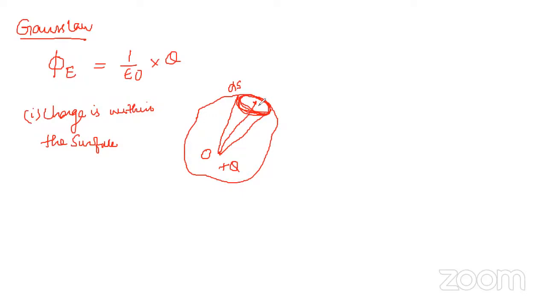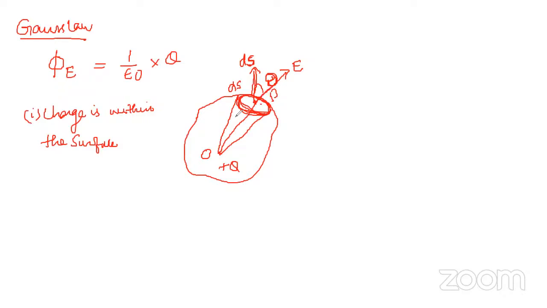This normal is making an angle theta with the direction of the electric field E, which is along OP. The electric field direction is along OP.